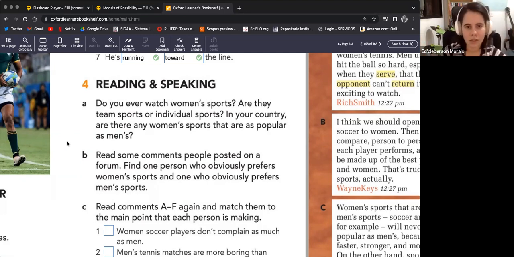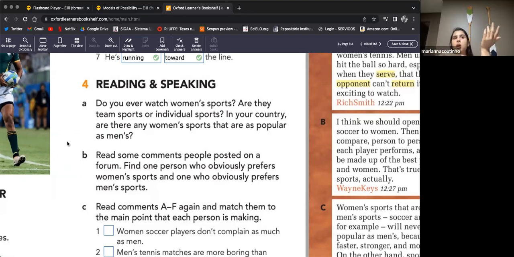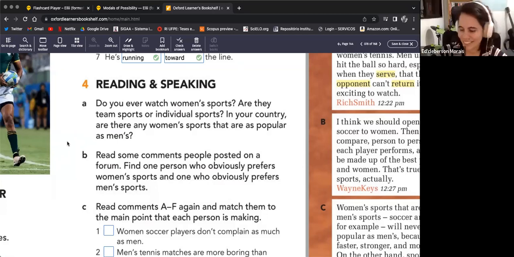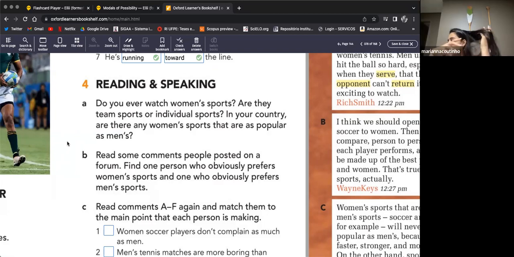So in your country, are there any women's sports that are as popular as men's? If we compare. Depends. The football in general, in this country, it's more have more.